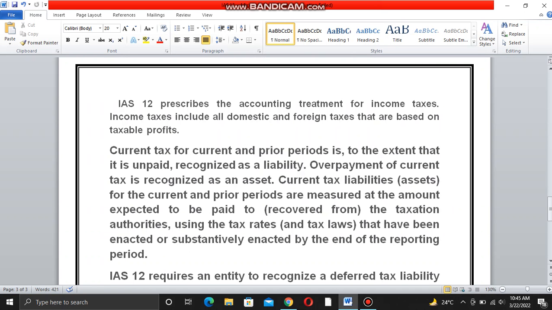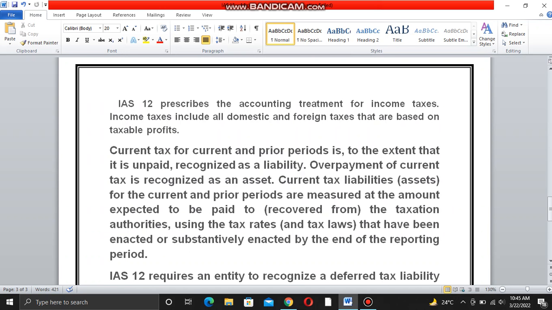Income taxes include all domestic and foreign taxes that are based on taxable profit. What are domestic and foreign taxes? These two words are important. Domestic taxes are those which the government deducts from your salary or withholds from your dividend. If you invested money in a company's securities, they withhold 15% in Pakistan. I'm giving you an example from my country, Pakistan.